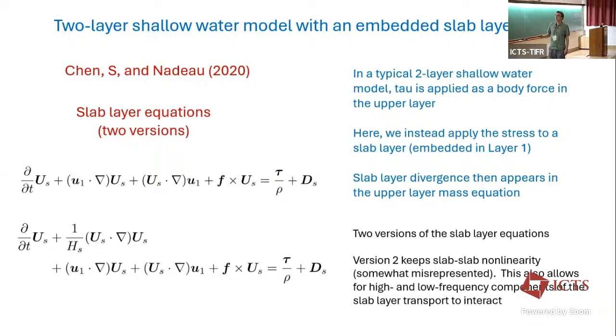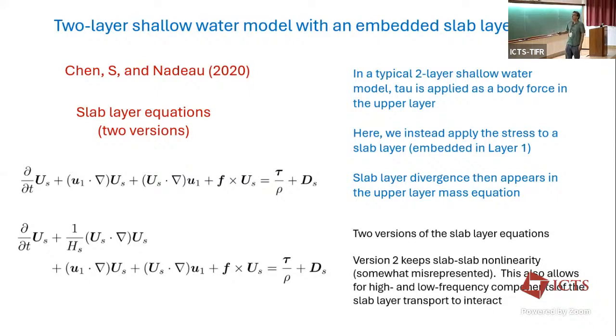But in the upper layer, I embedded a slab layer. Normally in a two-layer or multi-layer shallow water model, if you wanted to force with the wind stress, you would apply the wind stress as a body force distributed over the upper layer, because it's a shallow water layer and you don't have any vertical resolution within the layer. So you just say it's a body force distributed over the layer. That would be the usual way of doing it.